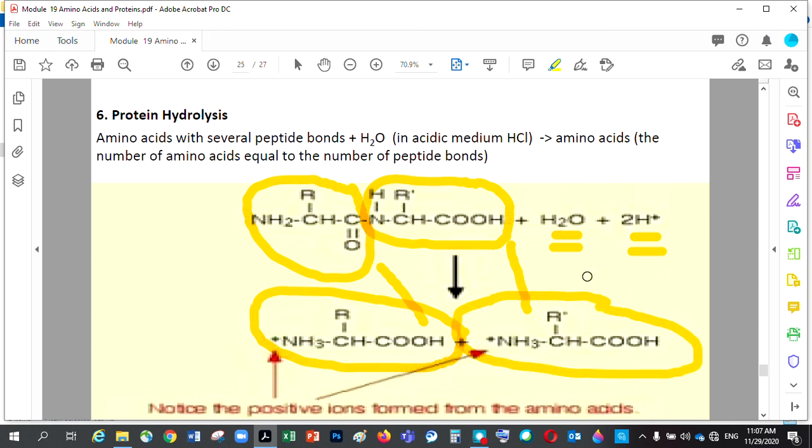And you can see we can differentiate between them. This is R, this is R prime. So we have two amino acids. They were combined together as a protein made of two amino acids. Now they are individual separated amino acids.